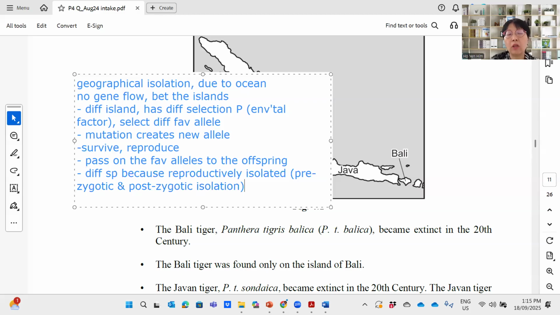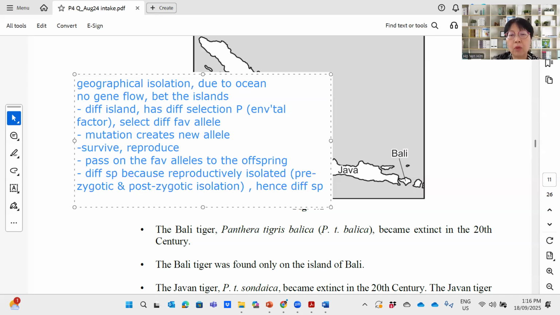So isolation means isolation from interbreeding. So this is called reproductive isolation. Okay, so therefore, hence different species. So this is answering the question, right?